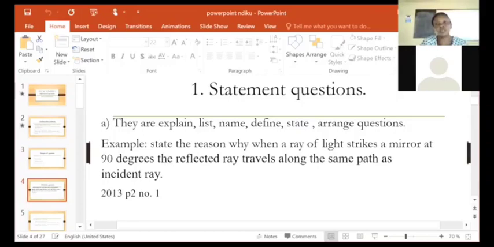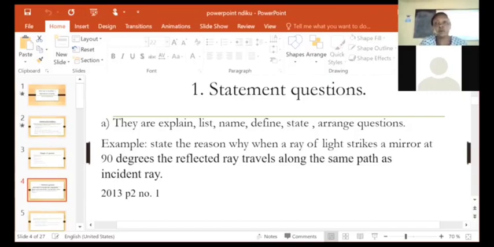Statement questions are questions whereby you will find the words explain, list, name, define, state, or you can also be told to arrange, like the electromagnetic spectrum. Those are questions to do with those words.